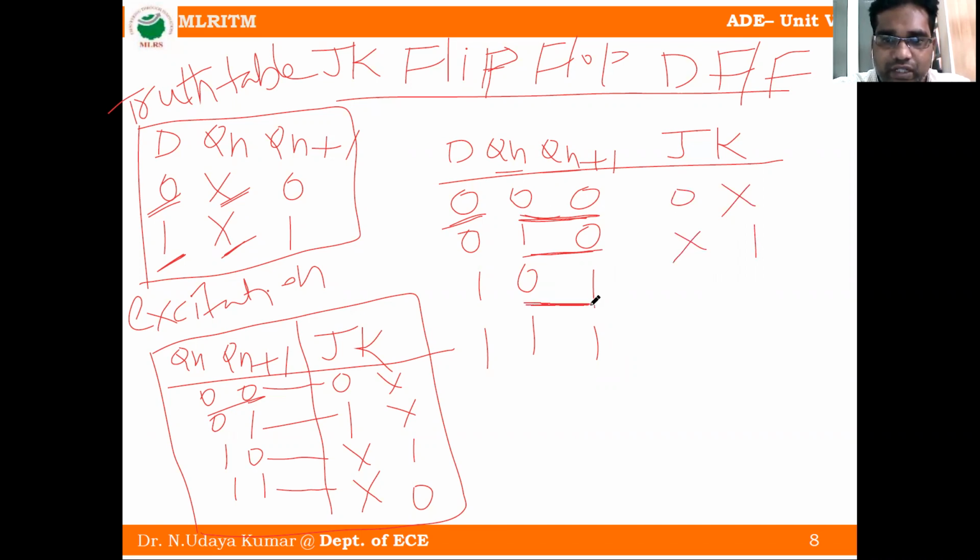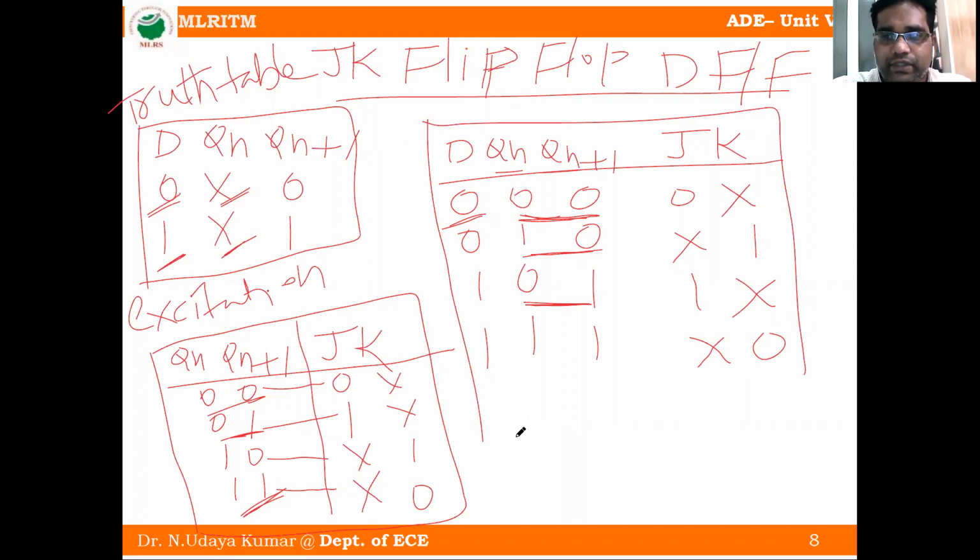For 0, 1, we are getting 1 and don't care. For 1, 1 we are getting don't care and 0. So this is the excitation table for JK.